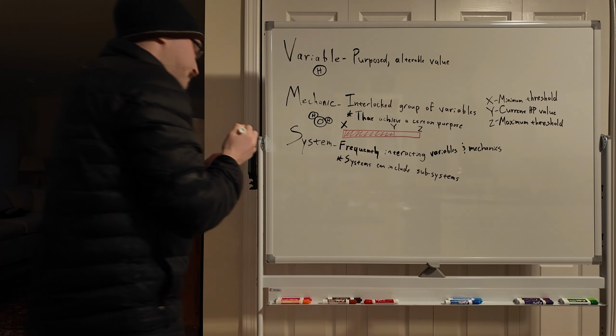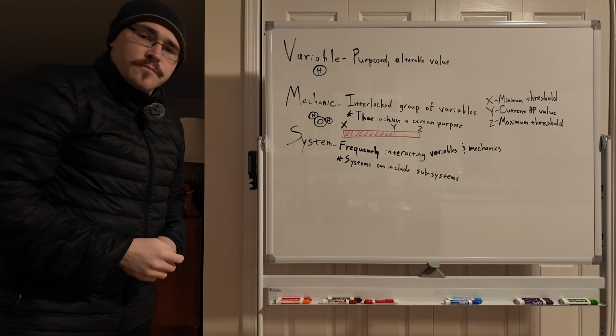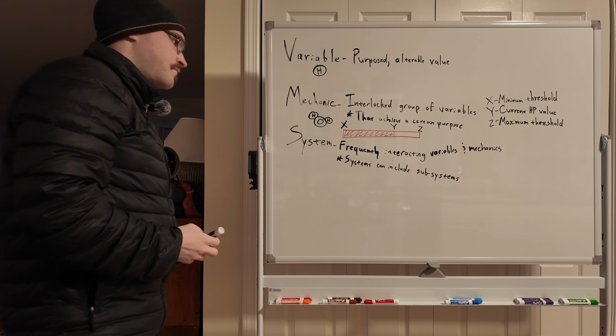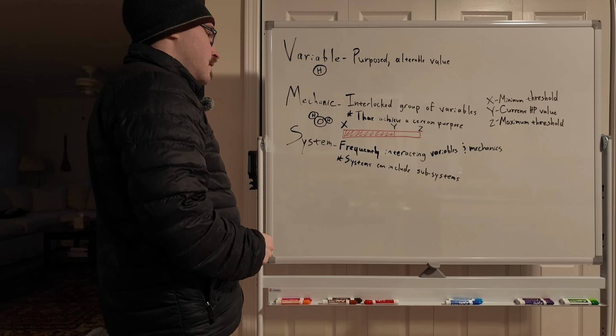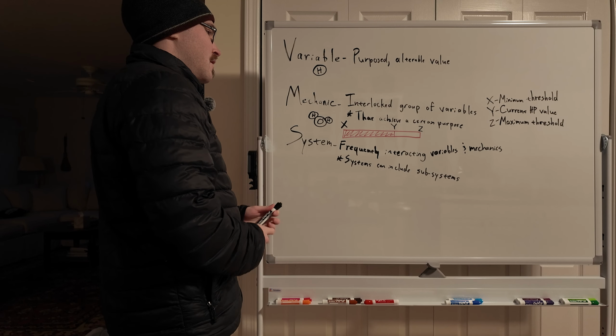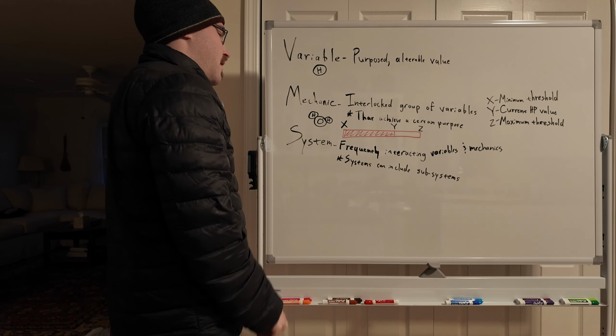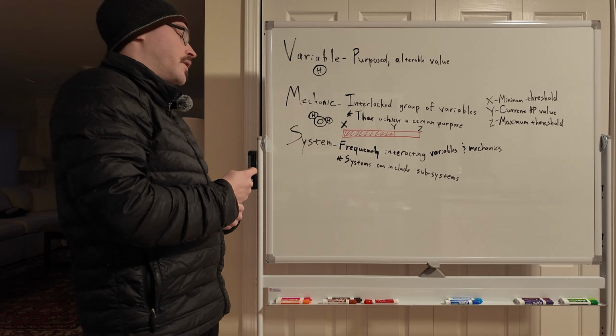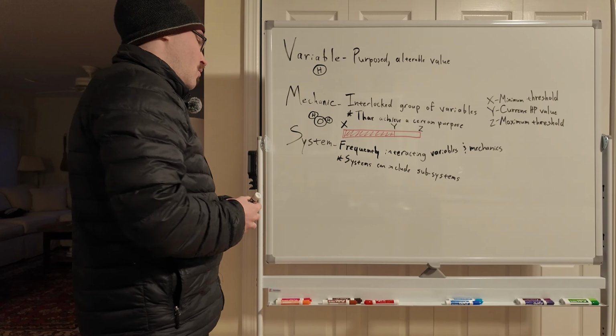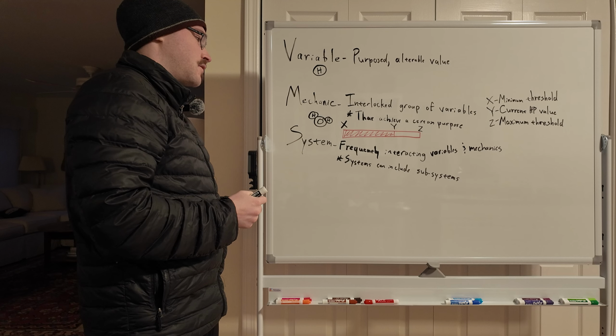All right. So let's look at the health bar again. And you've got your minimum, current, maximum. So let's say that your Y, your current HP value, is suddenly the same as X, your minimum threshold, i.e. your health is 0 or perhaps below 0.